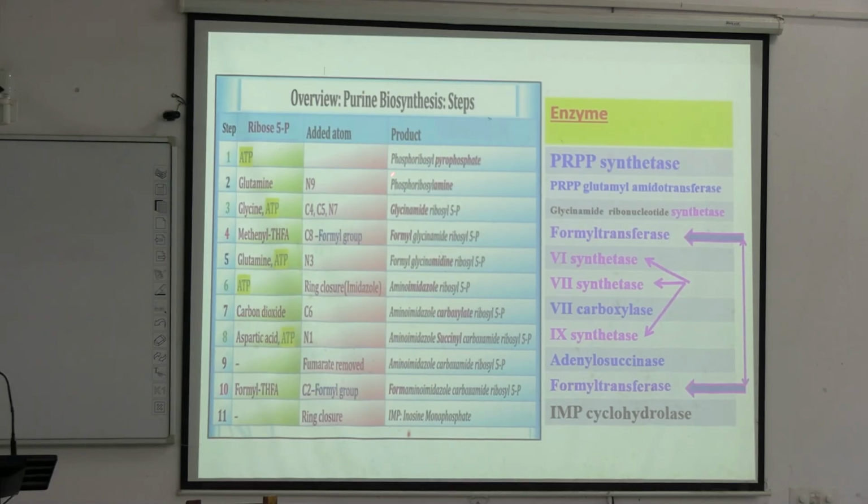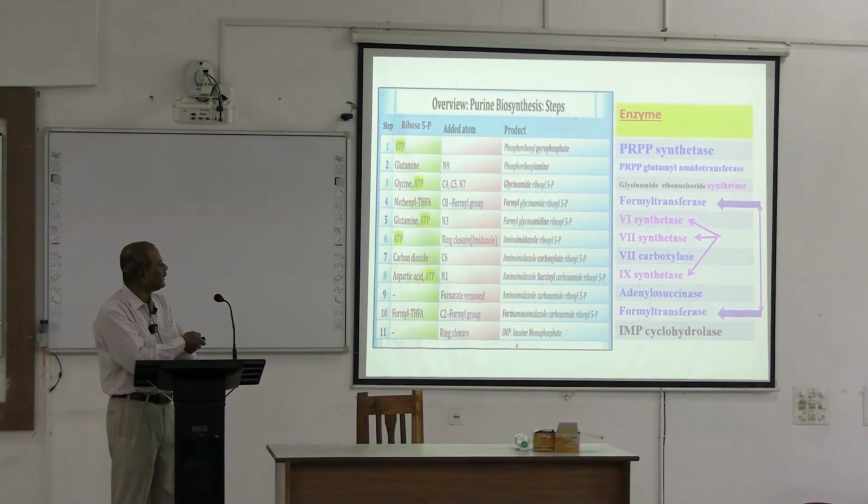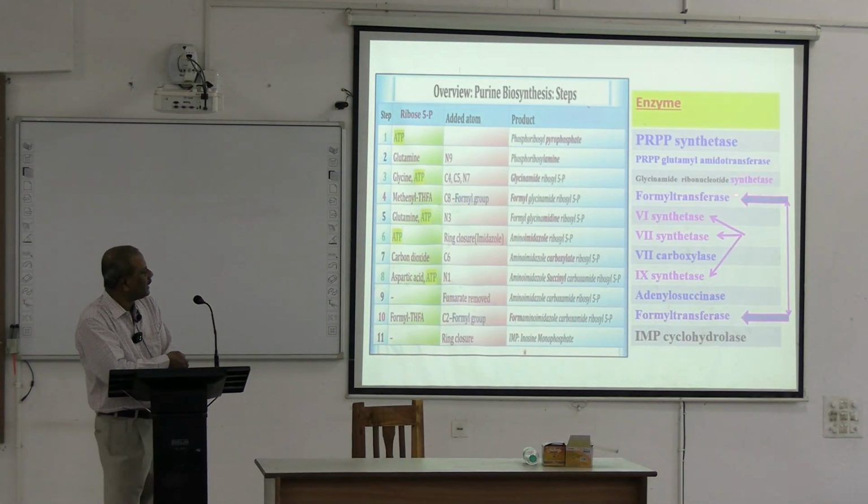First compound is, see, in your book, the names will be written very, very long. It will be difficult to remember. If you can remember, it is all right. And the enzymes I am telling you, this 6 synthetase, 7 synthetase, 9 synthetase, these enzymes are not available on the internet.